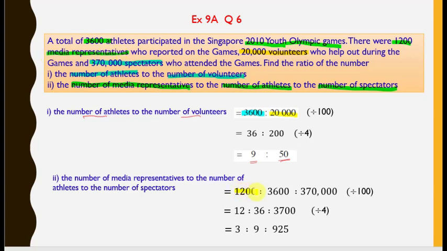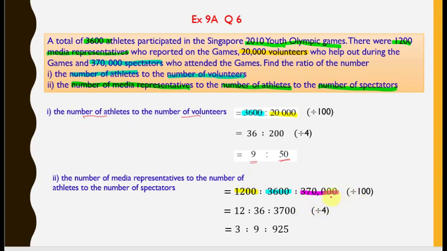Then 3600 is the number of athletes, and 37,000 is the number of spectators. These are the number of spectators.